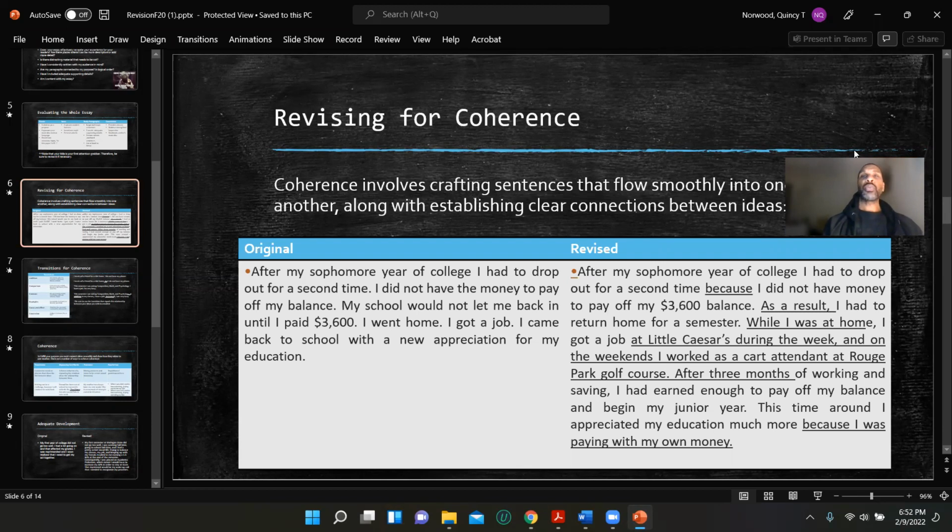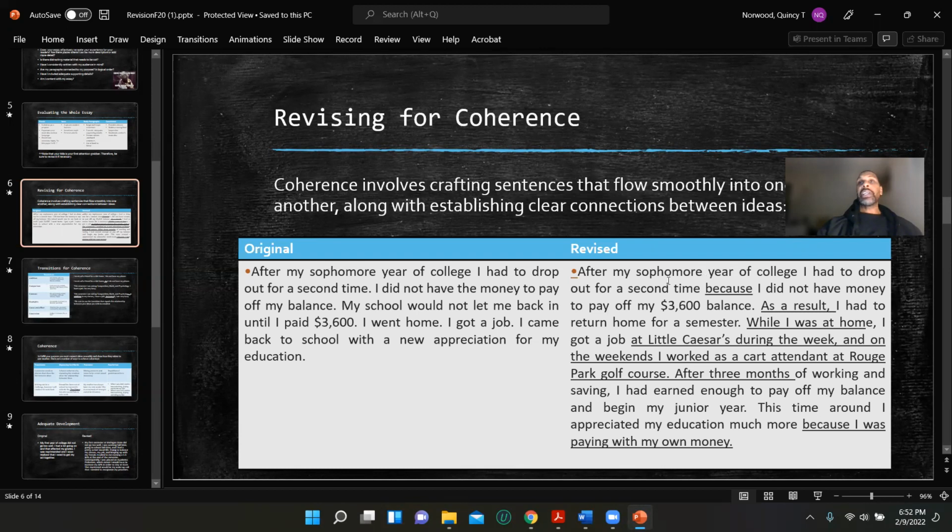So that's one way to enhance the coherence of your paper, just filling in informational gaps or answering questions that your reader may have. Another way to achieve coherence is using transitions and transitional phrases. They help us transition from one point to another, or one sentence to another, or even one paragraph to another.